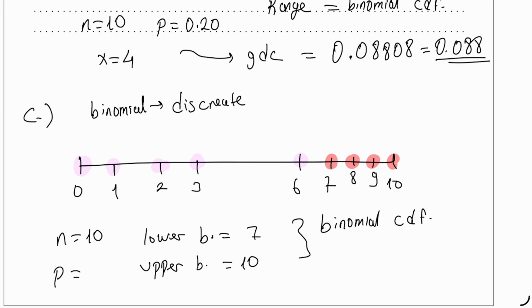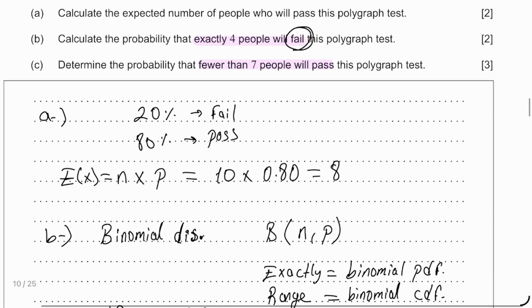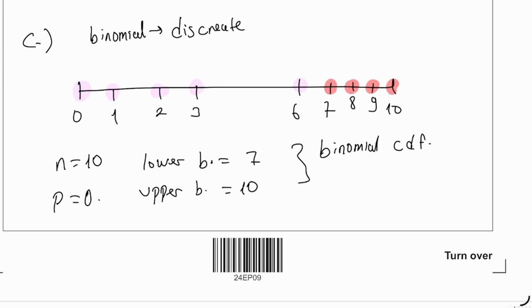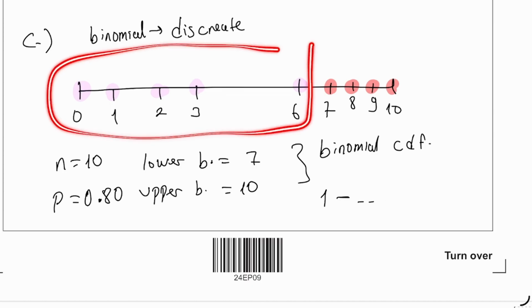Which probability will we use? Pass, right? What is the probability for pass? 0.8, 80%. Okay. So let's find it, and then we do 1 minus our answer, and it will give us the correct answer for this area.